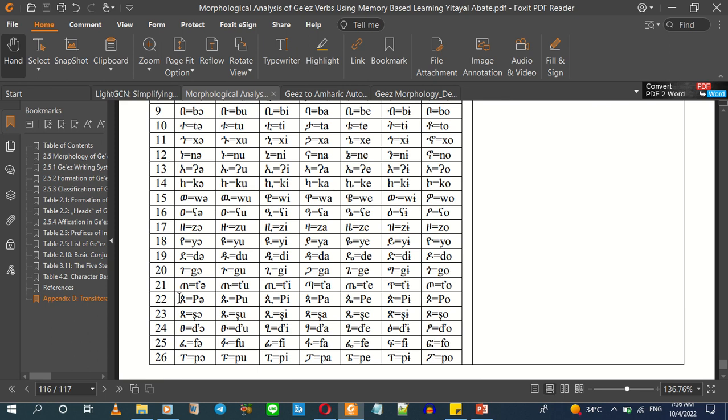Here are two characters with a similar sound, sa. They have different usage, which is why the same sound is represented by two different characters. Then this is fa, pa.